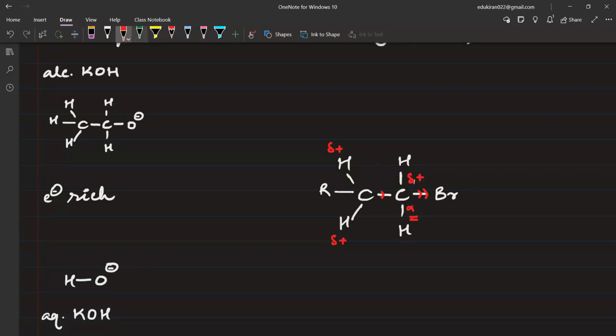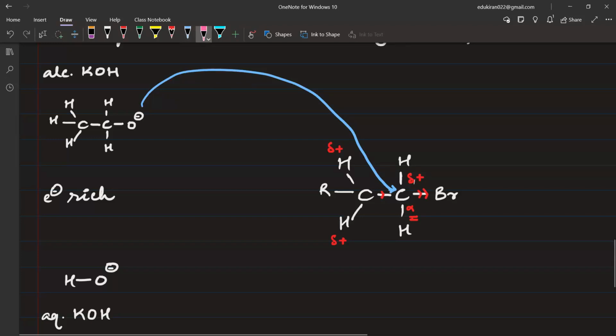So when an attack takes place, the most preferred site for both of these, alcoholic KOH or aqueous KOH, the alkoxide ion or the hydroxide ion, is this carbon atom. Even for the hydroxide ion, it is this carbon atom that they should attack.